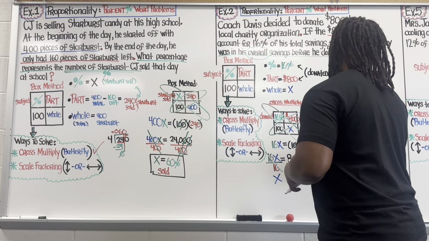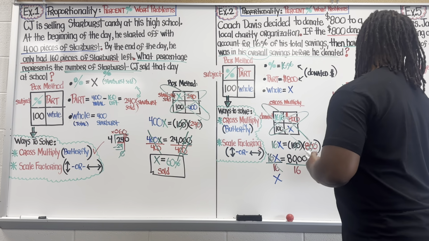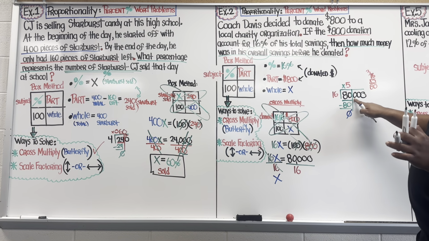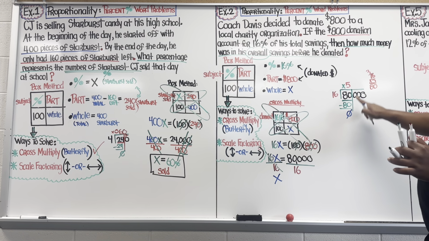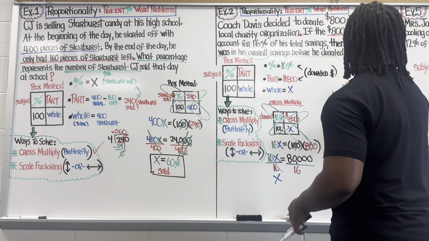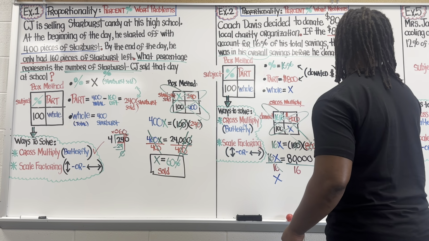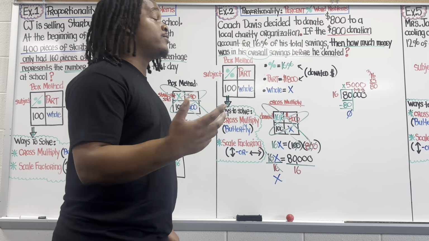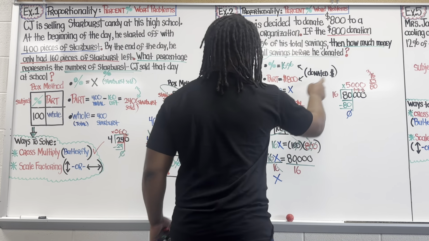So I have to subtract 80 from 80, which is 0. And whenever you have a remainder of 0, but you have consecutive zeros remaining, you just move those zeros up. Okay, so these last 3 zeros move up. Okay, so it shows that initially, before he donated, he had $5,000 in his account.